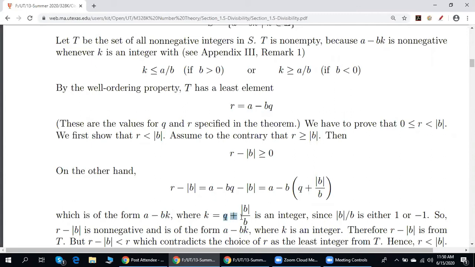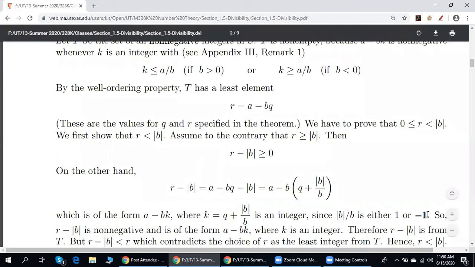K is equal to this. Q is an integer. Absolute value of B over B is an integer again, because absolute value of B over B can be either 1 or -1.